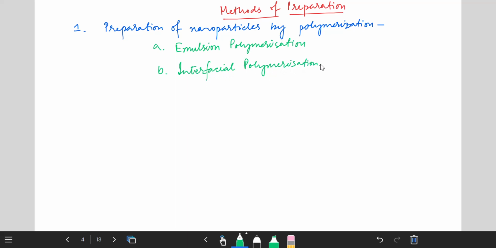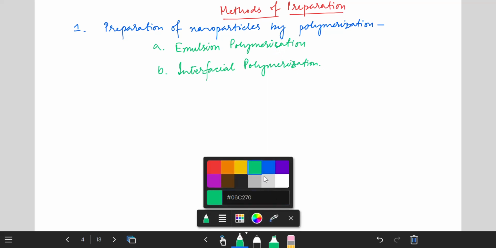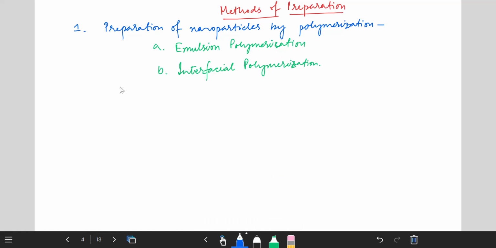Okay. Now, the second method of preparation is preparation of nanoparticles using only polymer, not the polymerization technique.